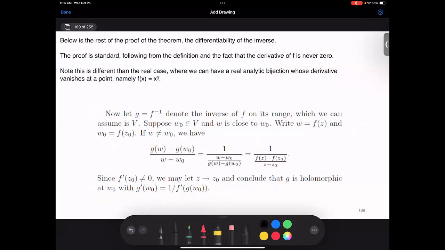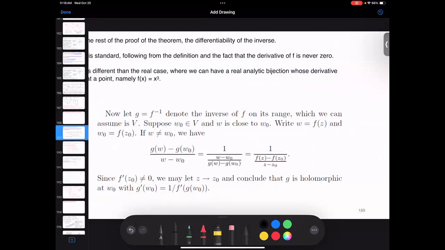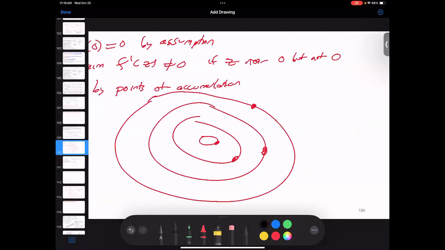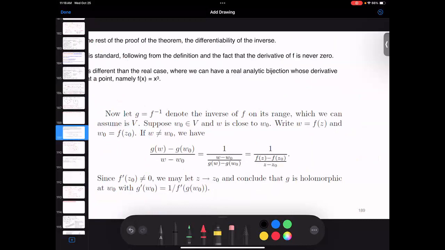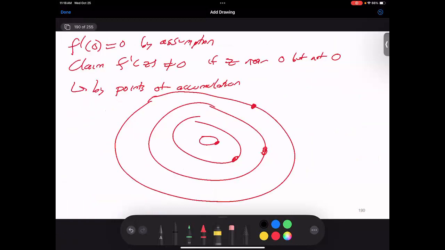Okay. So moving on, I'm not going to go through the rest of the details of the proof, but you should notice over here, we are seeing an f prime coming in the denominator of something. And that's not surprising now after what we've discussed, that we can handle something like that. In the proof that they were doing, they want to assume that we have something that's non-zero. Well, if f prime is not 0, then we know, by the accumulation theorem, we can't have infinitely many points close to it that are 0.